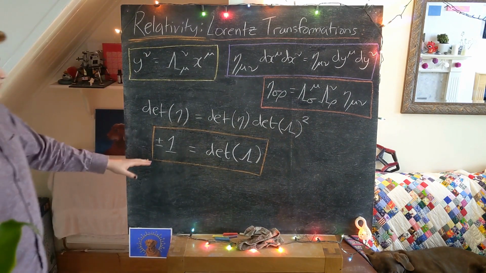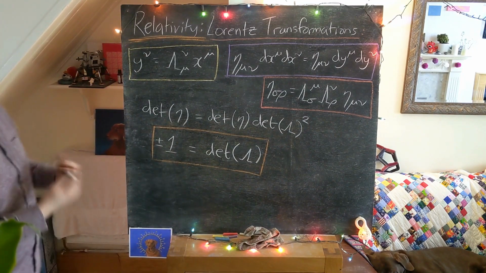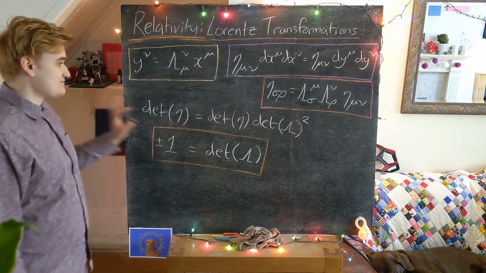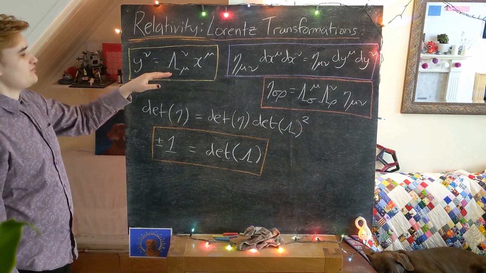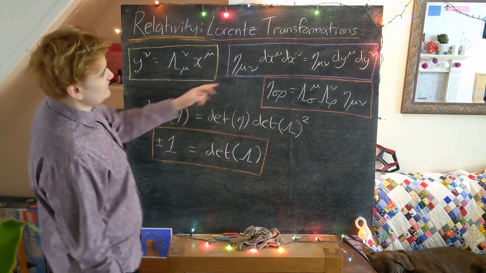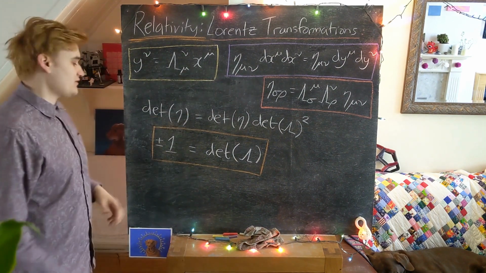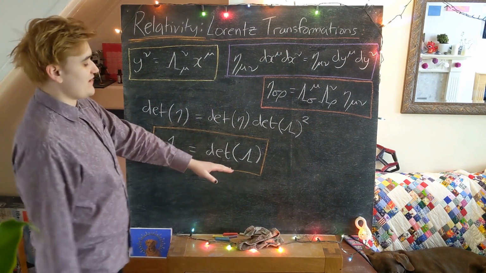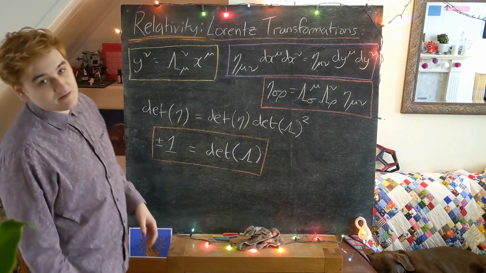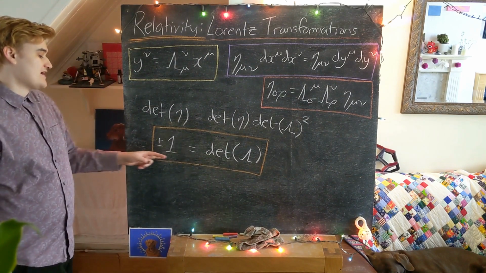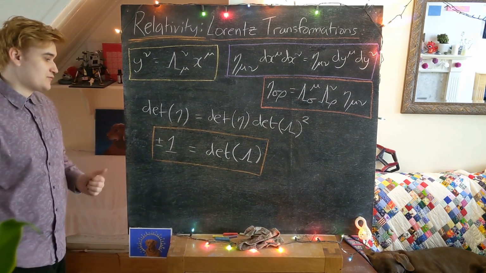So that's another key property which we've now discovered. We haven't derived or shown any explicit form of this lambda, but just by imposing the isometry requirement, we've already come up with a fairly strict bound on what these lambda matrices can be. They have to have a determinant of plus or minus 1.